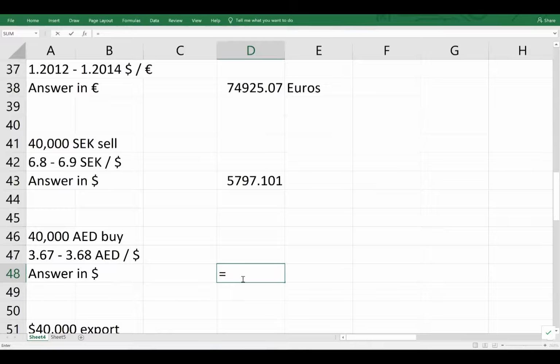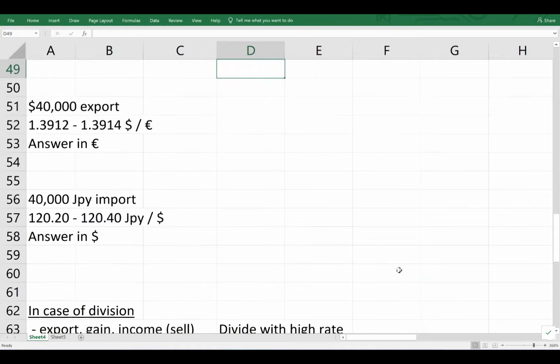More, because buy means you're importing something, you're going to pay in dollars. So we need to pay more dollars. Divide with the lesser rate. So 40,000 divided by 3.67. This is the amount. And last two questions.